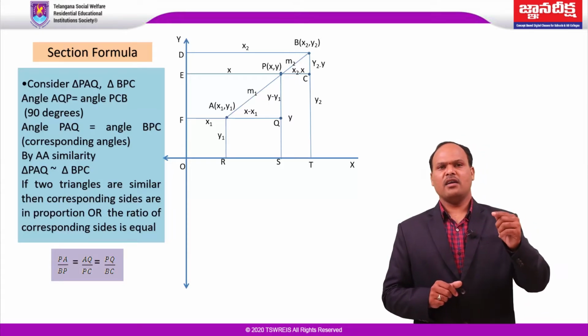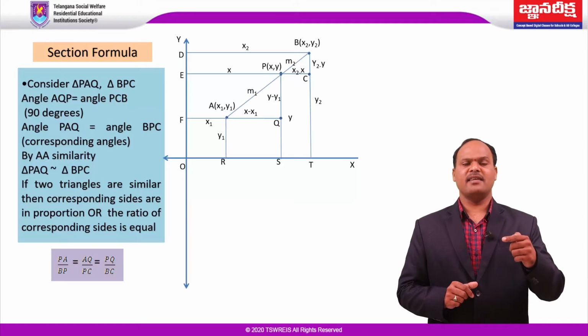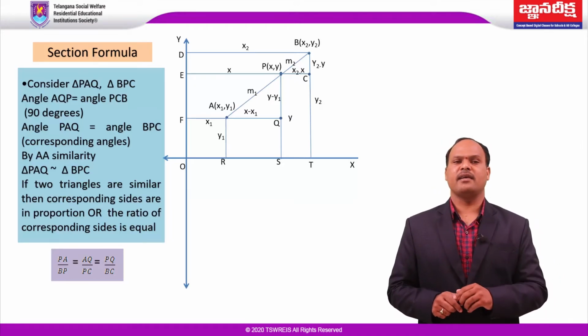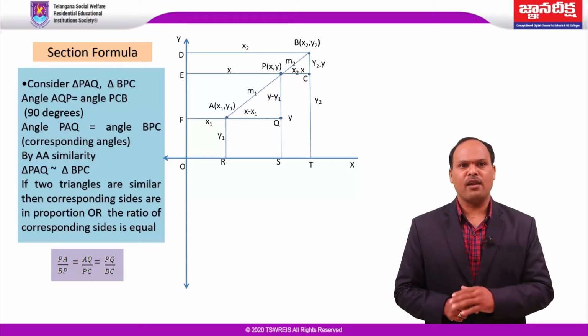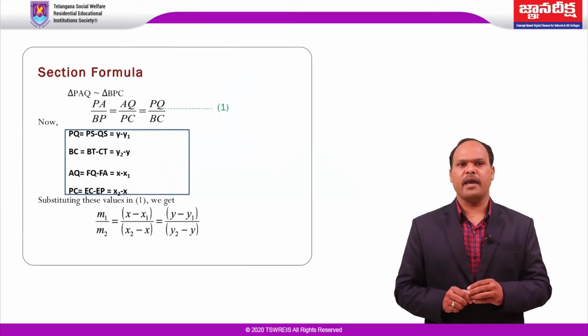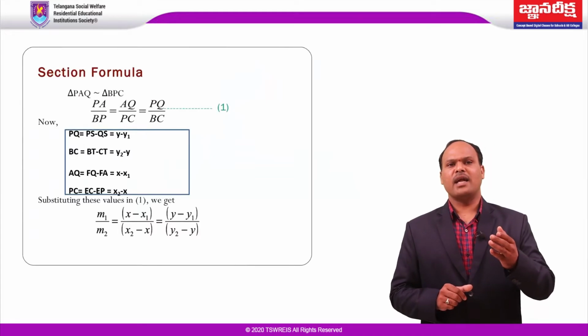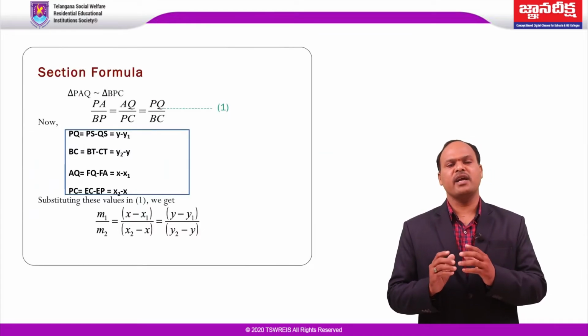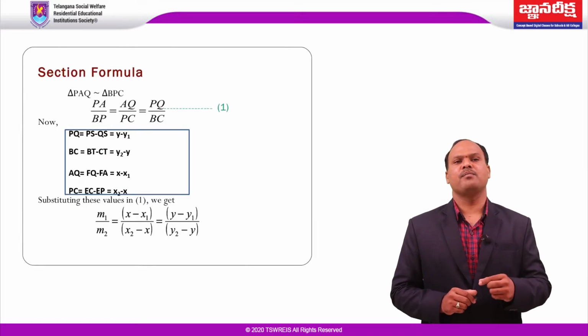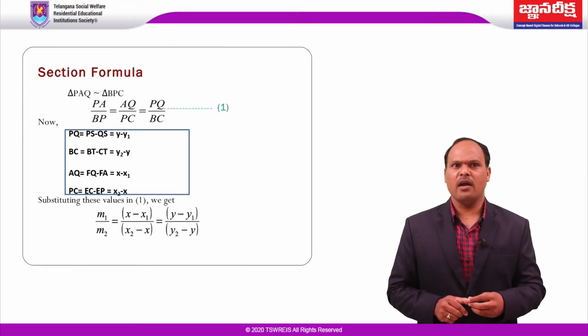Now, see here, we got the ratio PA by BP is equal to AQ by PC is equal to PQ by BC. Now, we need to replace the values of PA, BP, everything. What is the value of PA and BP? We know that it is dividing in the ratio m1 is to m2. So, PA by PB is nothing but m1 by m2. What is the value of AQ?